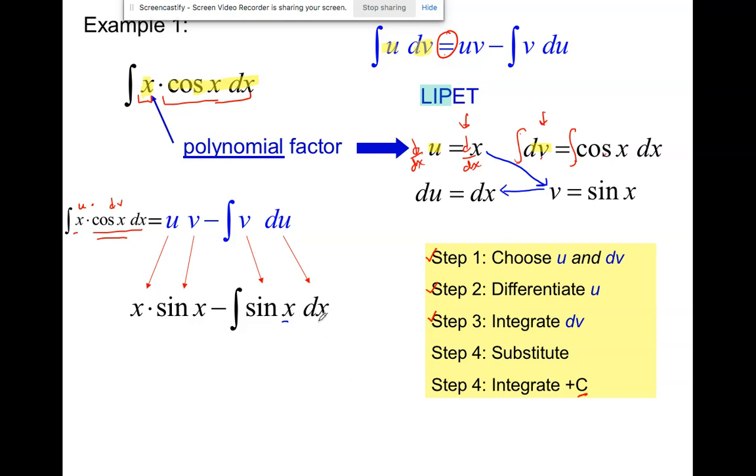But notice when I did that, my integration variables match. There's nothing to be done with this except multiplying them. Take the integral of sine, that's negative cosine. So I end up with x sine x plus, because this negative out here, negate it and you get a positive, and then I wrapped up my c here.